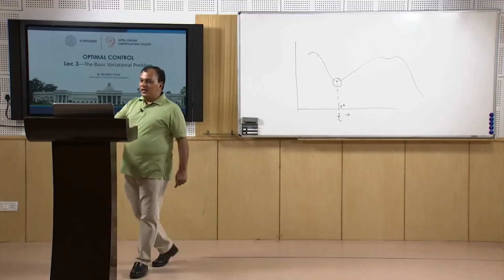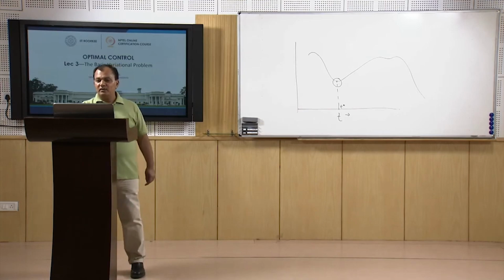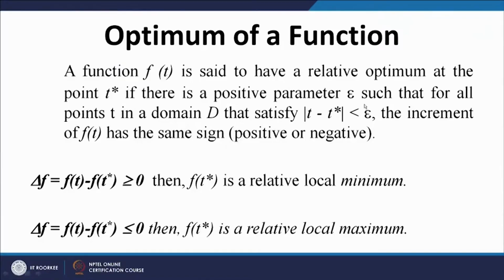So, a region we are selecting is less than epsilon. So, the increment of f(t) has the same sign. This means the increment of f(t), which is f(t) minus f(t star), will always be positive if I have a local minima.